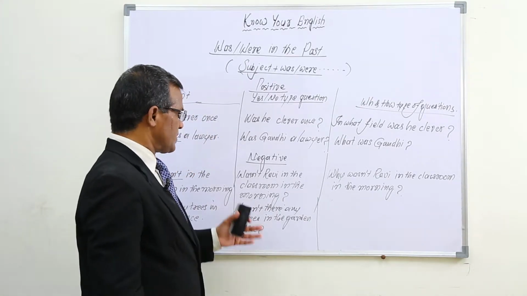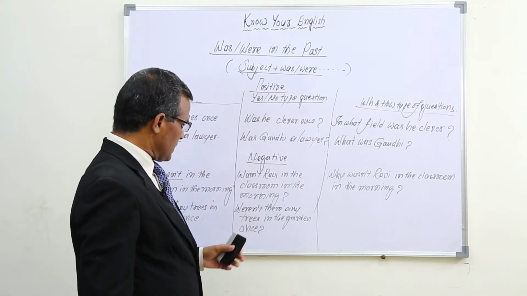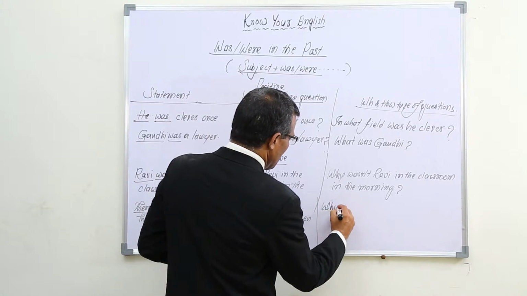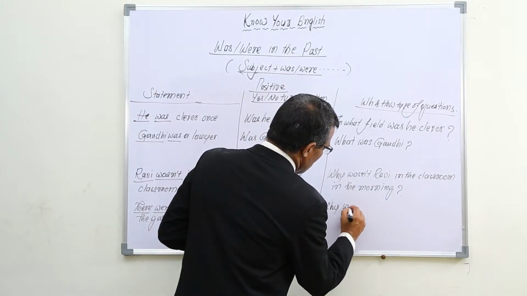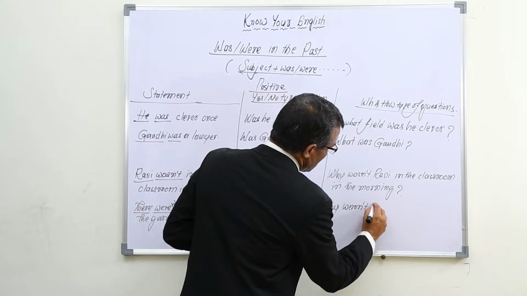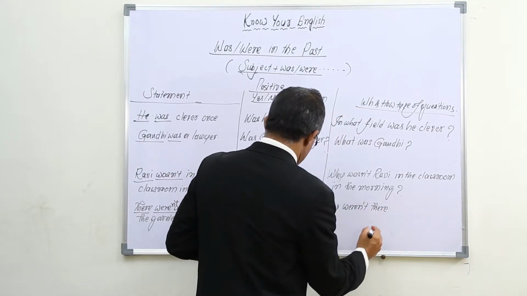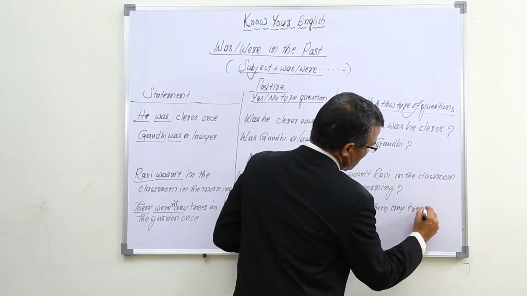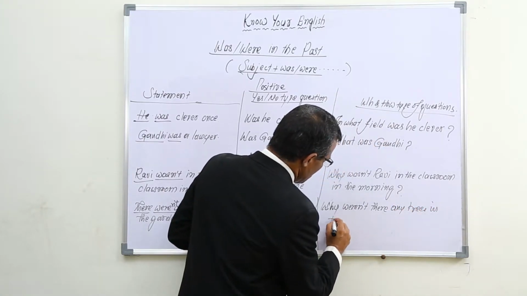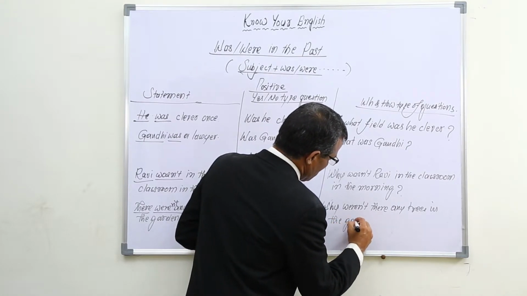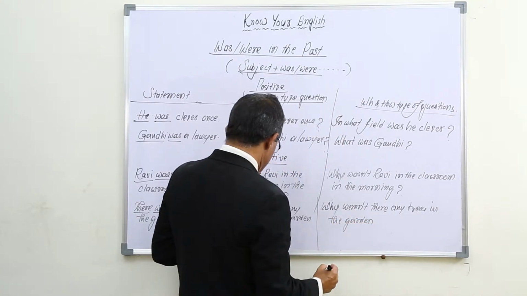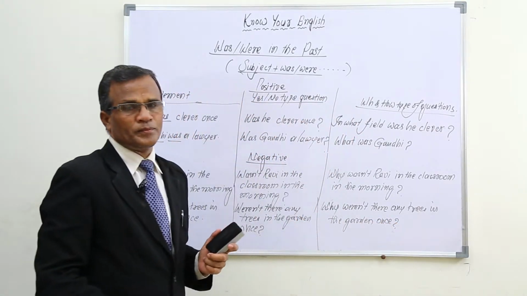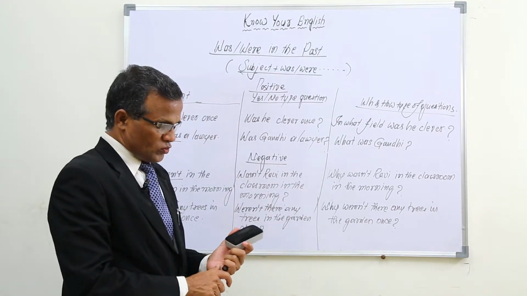This is a question. So negative yes or no type question. And why? By using why weren't there any trees in the garden once? So in this way we can use the WH and how type of questions also.